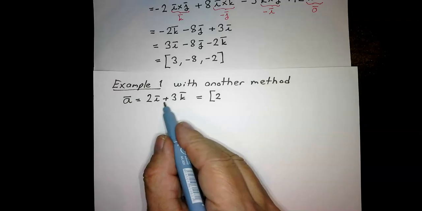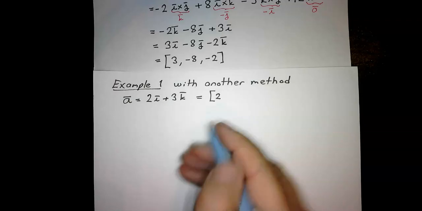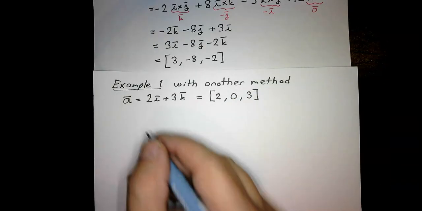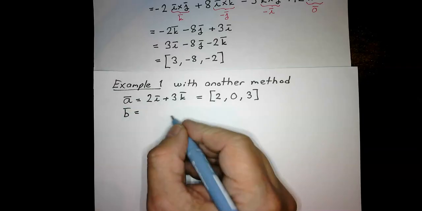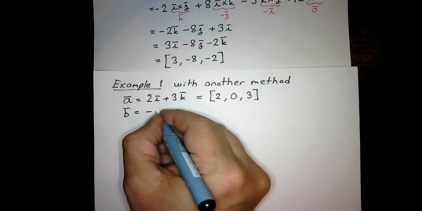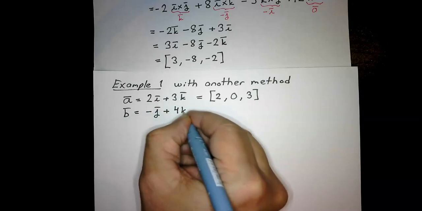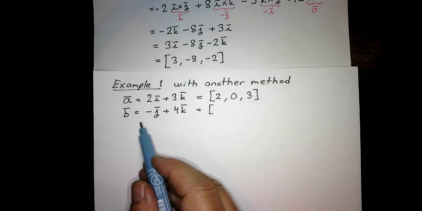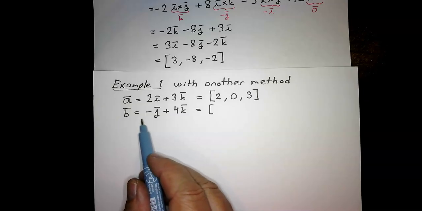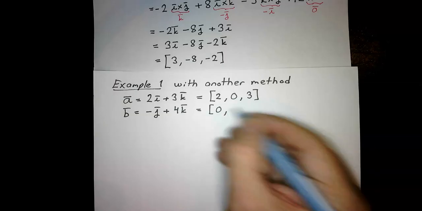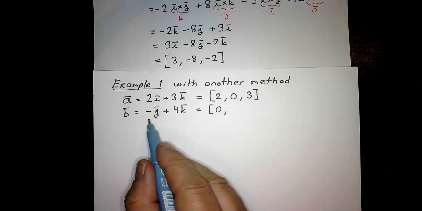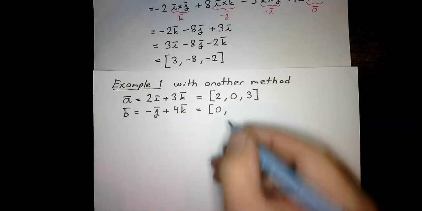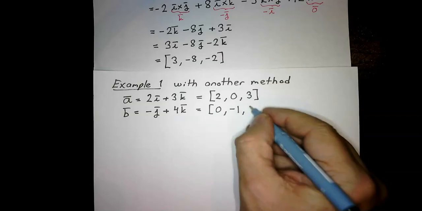Then there is not this second component at all, so it will be 0, and the third component is 3. And then B, it was minus j plus 4k, and we see that in this vector we don't have i component, or the first component, at all, so it will be 0. The second component is minus j, so the factor in front of j is minus 1, and the third component is 4.